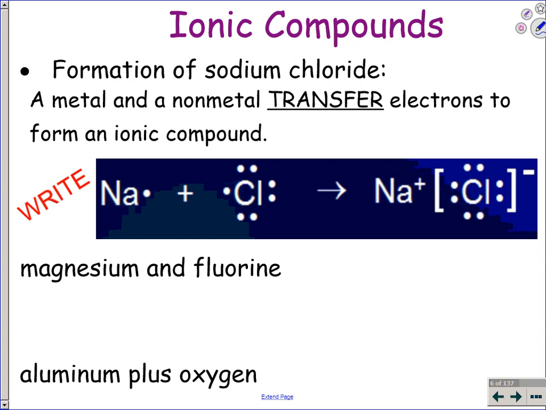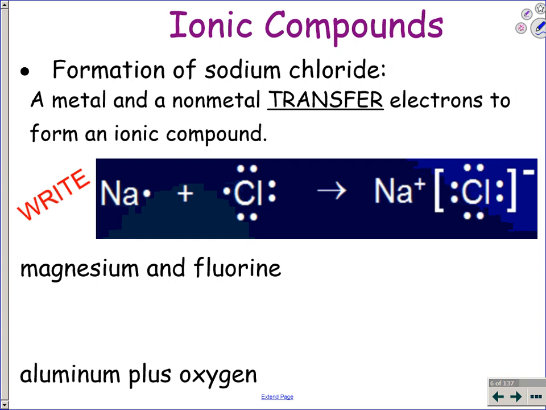You have metals. Why do metals give up electrons? There's a reason they're more likely to give up electrons. They have lower Zeff, lower electronegativity, a larger atomic radius, so their valence shells are farther away from the nucleus, and lower ionization energy.